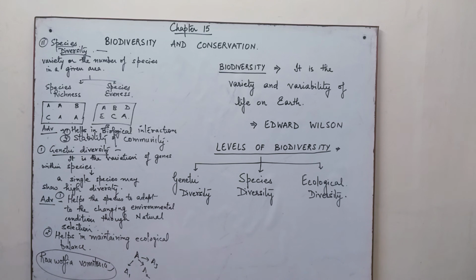Now let us try to understand ecological diversity. Ecological diversity is at the ecosystem level, that is, we have different kinds of geographical regions in a given biosphere.